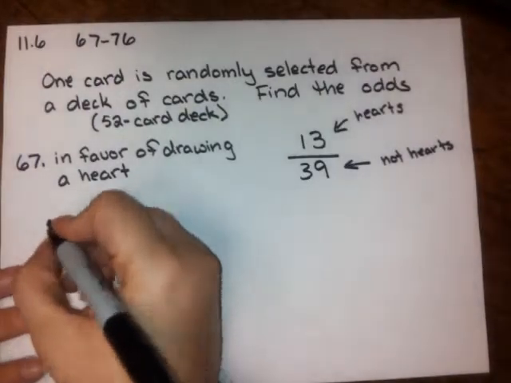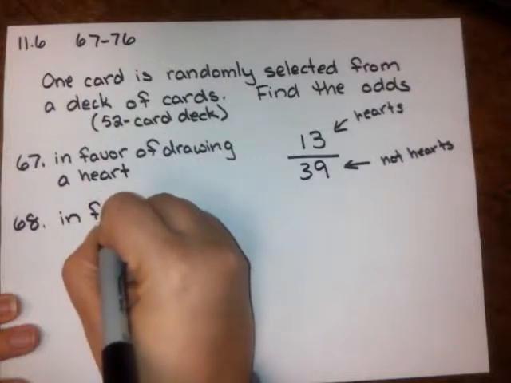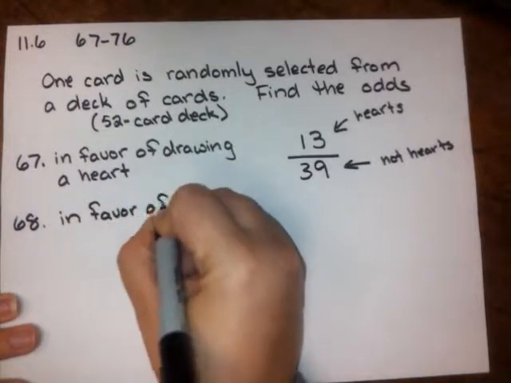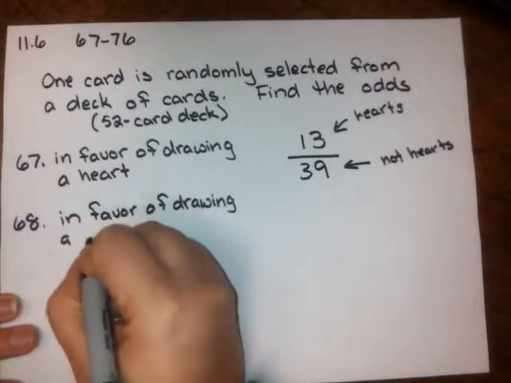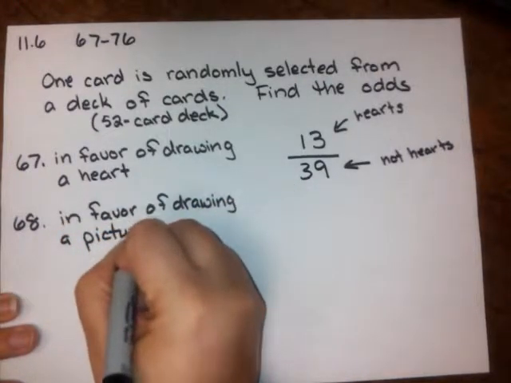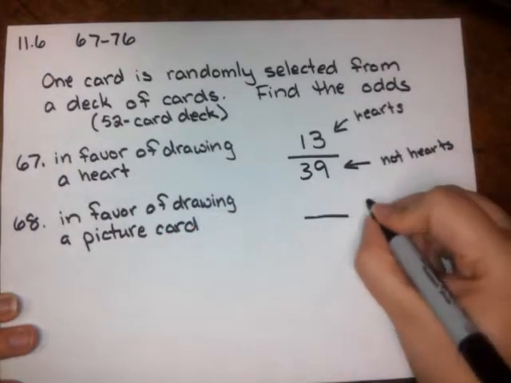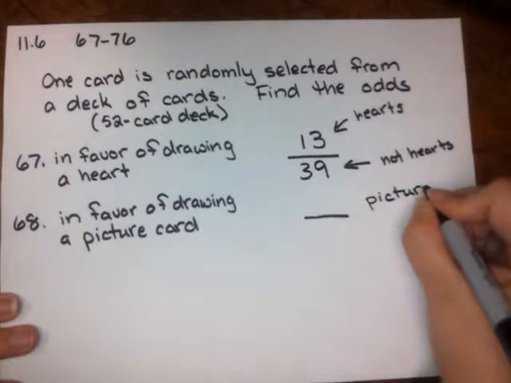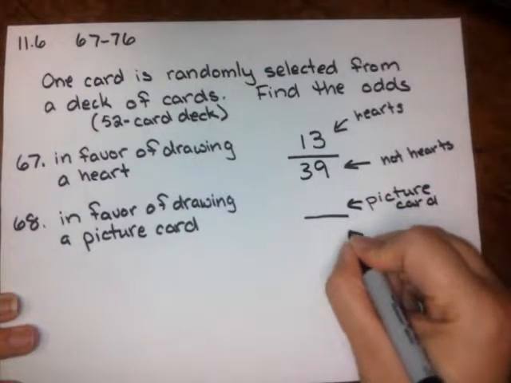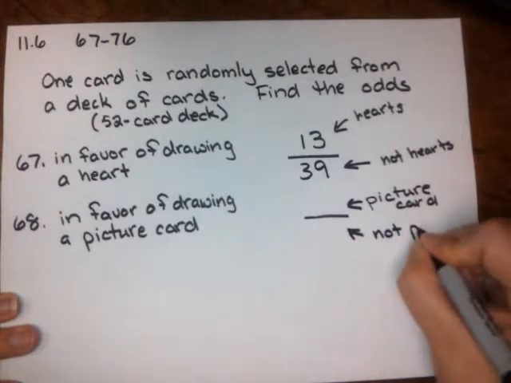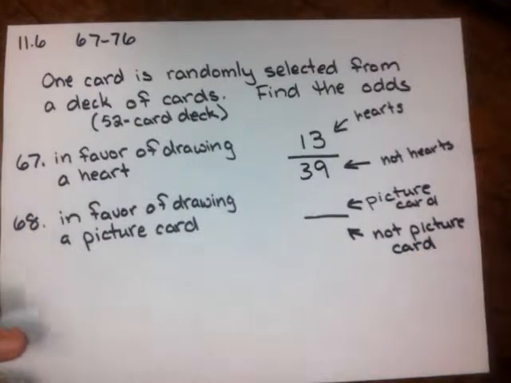So 68, we want odds in favor of drawing a picture card. Okay, so we need picture card on top and not picture card on the bottom.